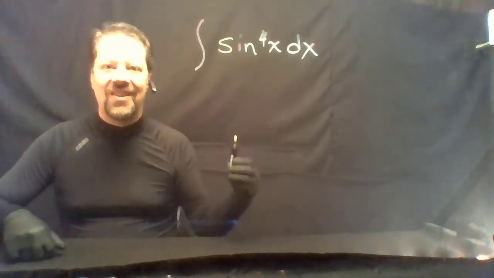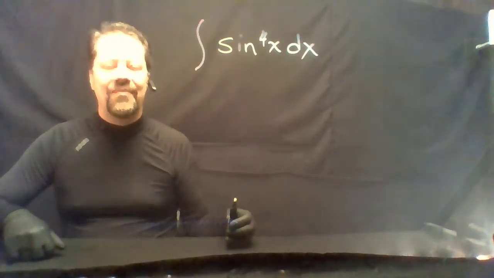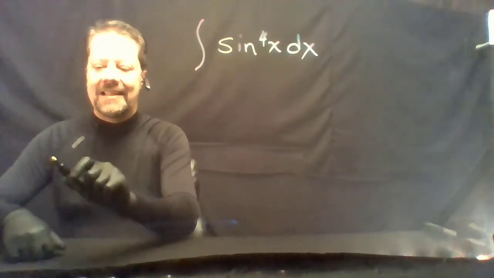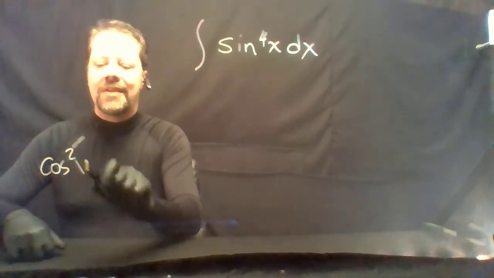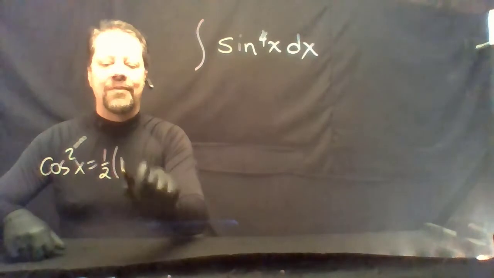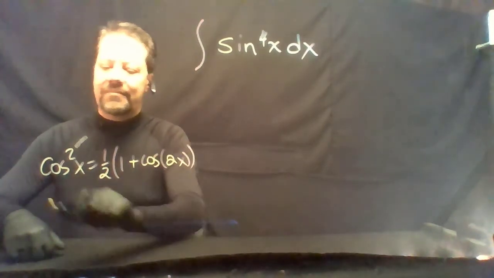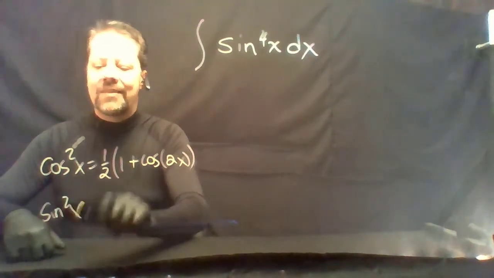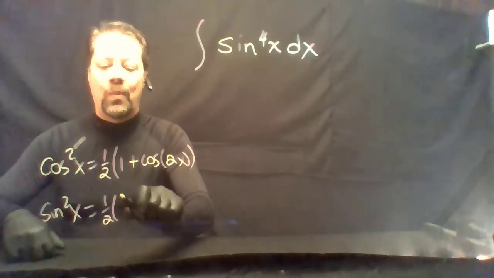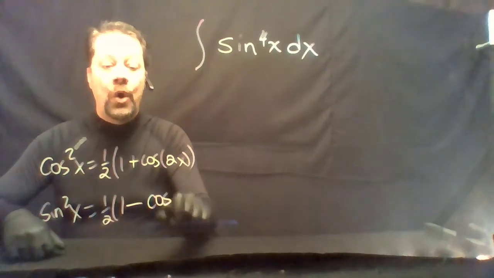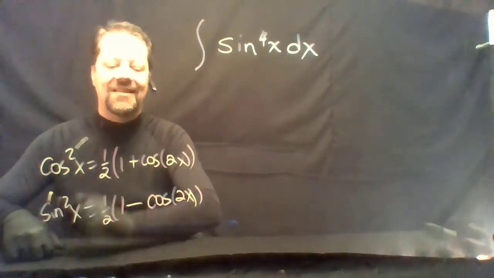Half-angle identities, always for these even powers. So let's review these half-angle identities. One of them is cosine squared x is 1/2 times 1 plus cosine 2x. And then there's sine squared x is 1/2 times 1 minus cosine of 2x.